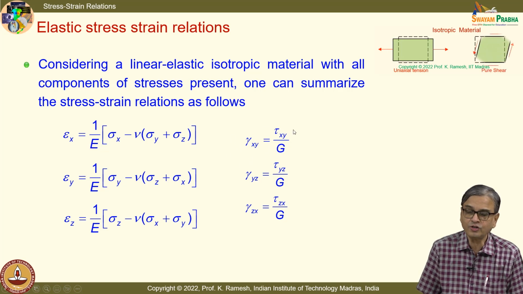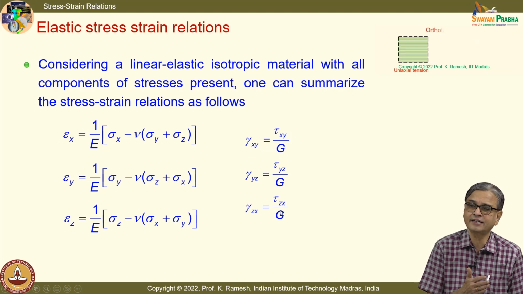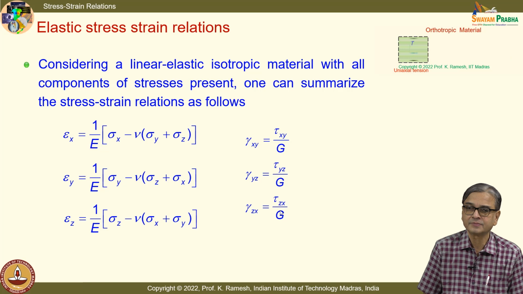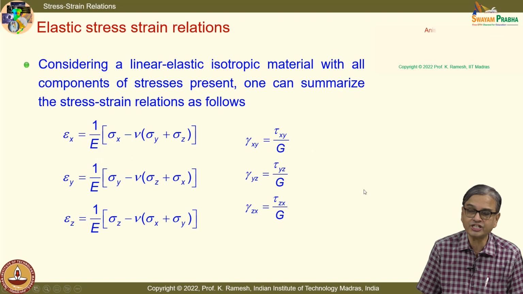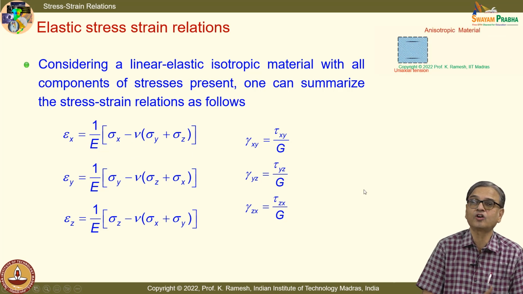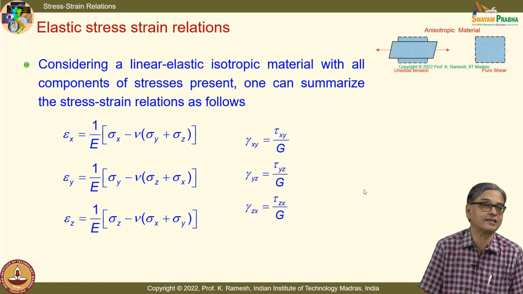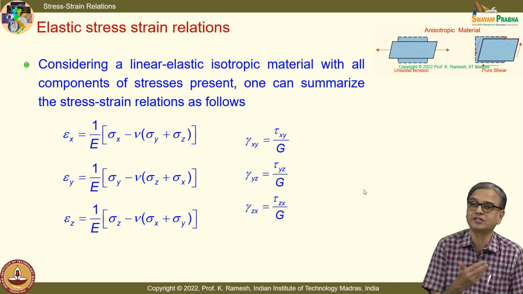Gamma xy equal to tau xy by G, and cyclically you get all the other strain components. So, when I look at this expression, what are the elastic constants that I see? I see E, I see nu, I see G. So, how many constants do you require to characterize the isotropic material based on this expression?